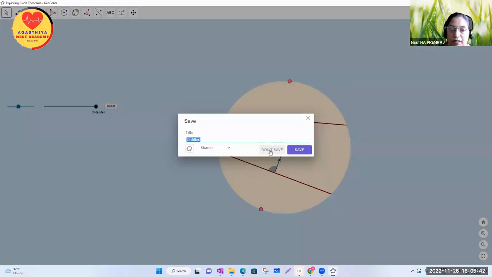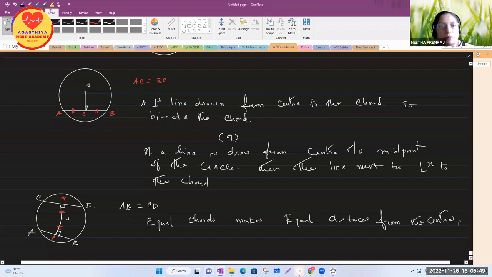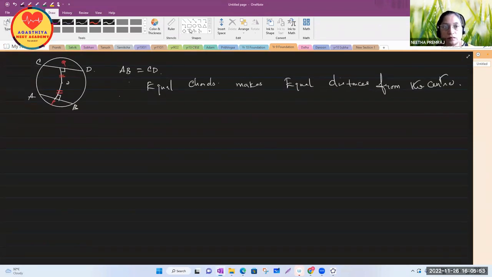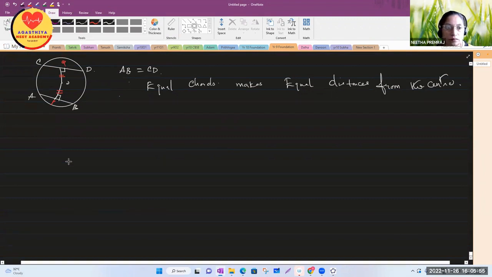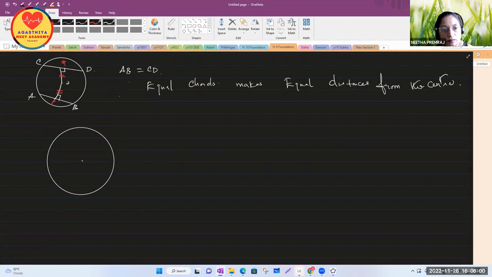Similarly, one more concept is there. That is, equal arcs make equal angles at the center. See, AB, equal arcs or equal chords, whatever.